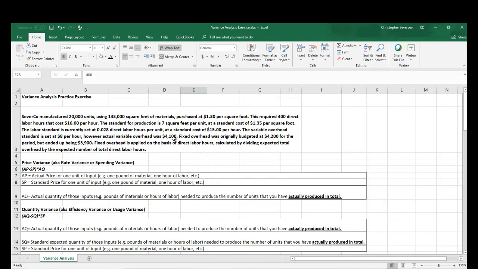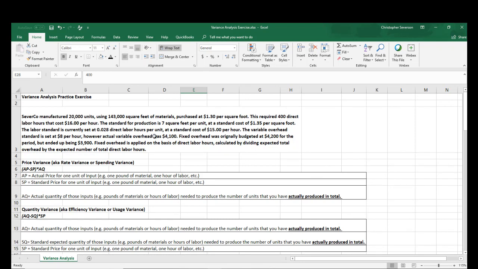So we need to figure out how much do we pay per hour of overhead. Now it's the same quantity as actual labor. We actually did use 400 direct labor hours. Whether we're talking direct labor or variable overhead, it's the same quantity.